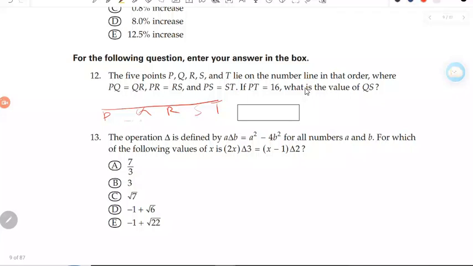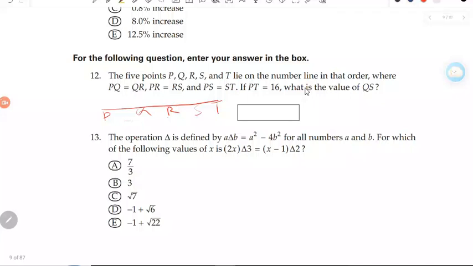PR equals RS. And PS equals ST. So, can we formulate this?